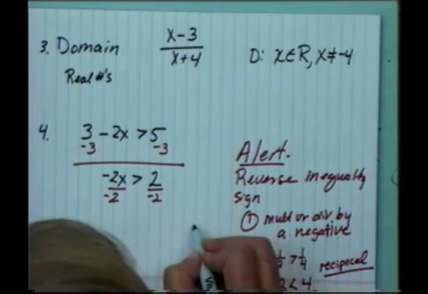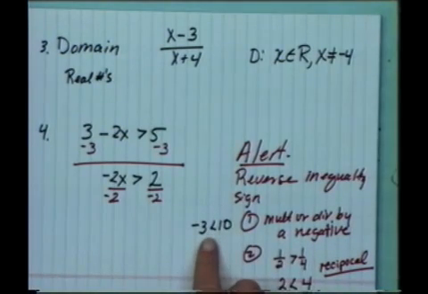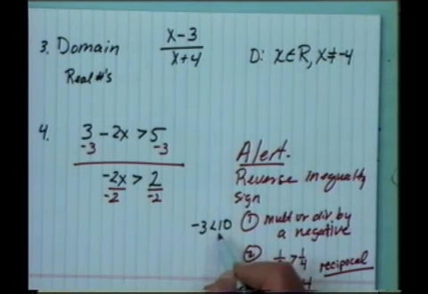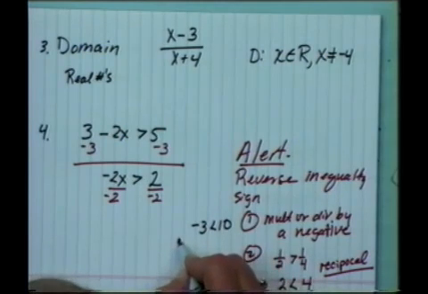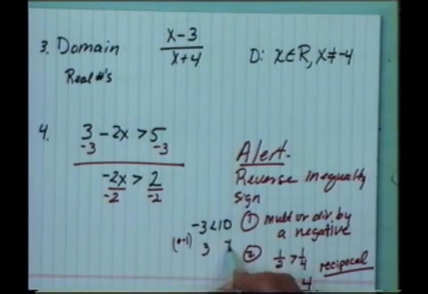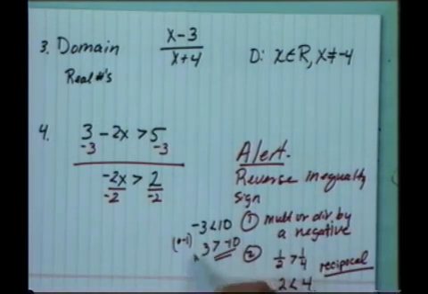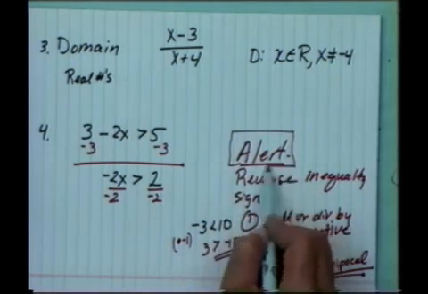We can say that -3 is less than 10. But if I multiply through by -1, I would have 3 and I'd have a -10. And 3 is clearly greater than -10. So the example for multiplying or dividing through by a negative is reversing your sign, or if you take the reciprocal of both sides. So watch out, be careful.